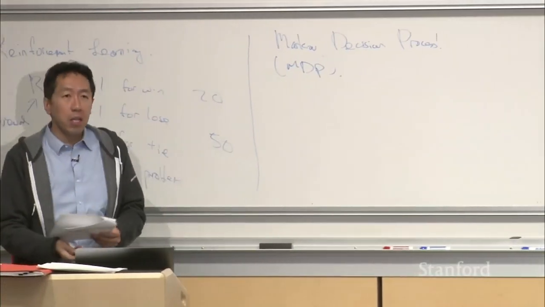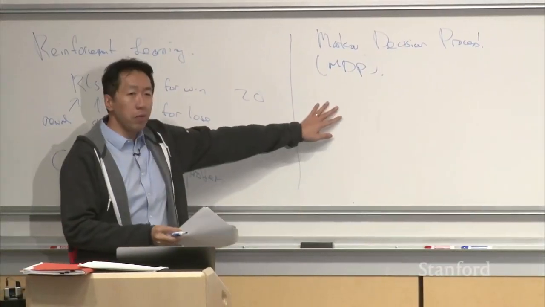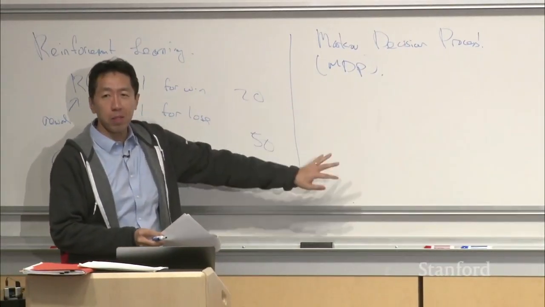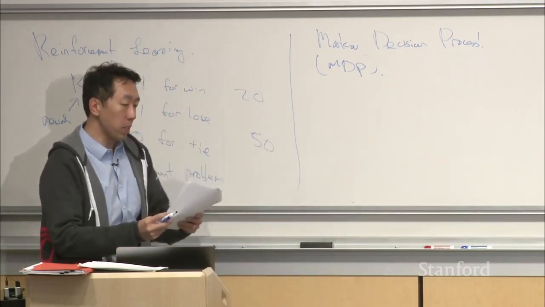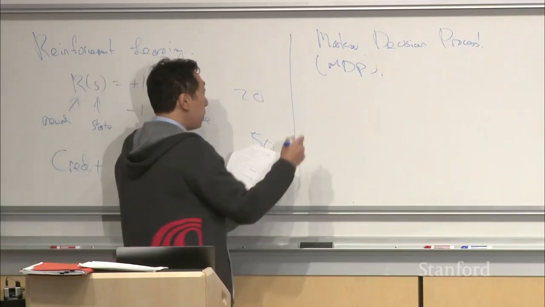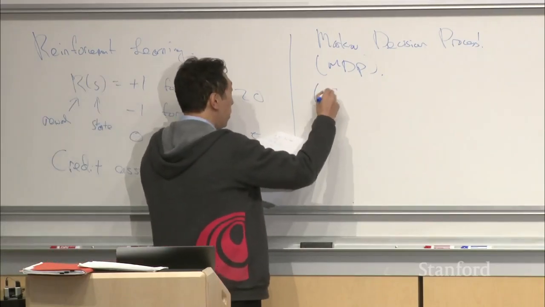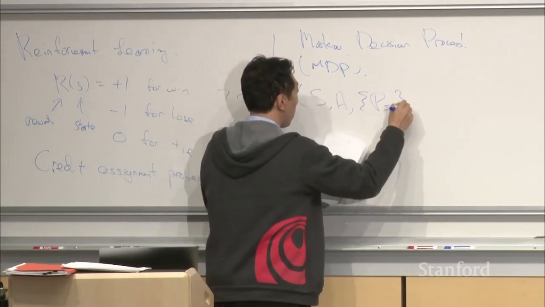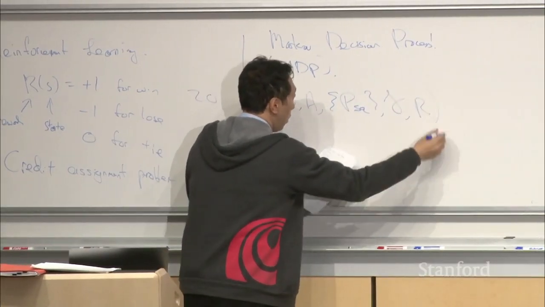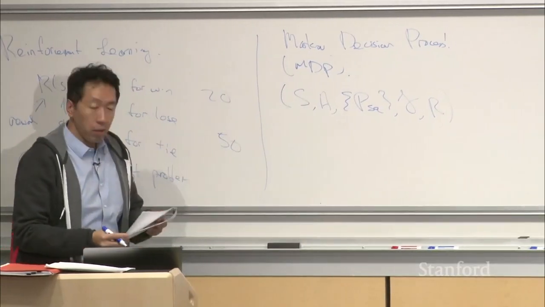This is a notation and a formalism for modeling how the world works, and reinforcement learning algorithms will solve problems using this formalism. So what is an MDP? An MDP is a 5-tuple, and let me explain what each of these are.